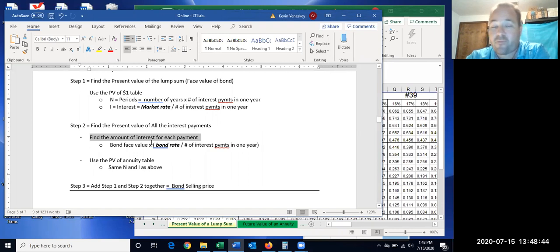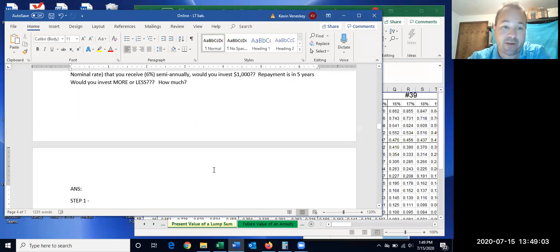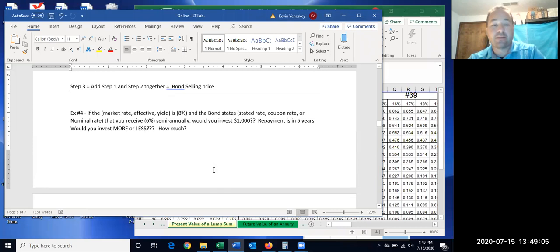It's just we have to do that up front now to figure out how much we are paying them. And then take that and find the number on the chart. And then once you've done steps 1 and 2, then step 3 is the easy one. You just add the values of step 1 and 2 together, and that's what your bond is going to sell for.